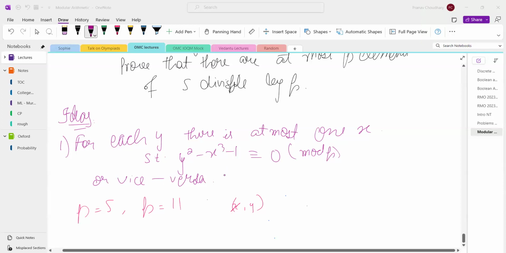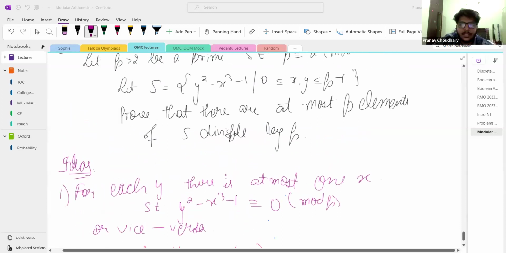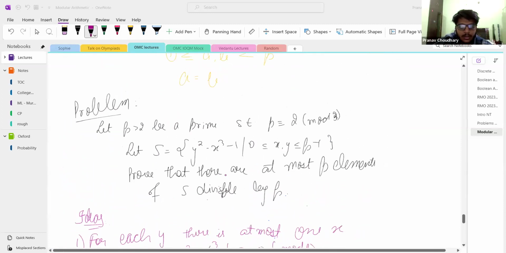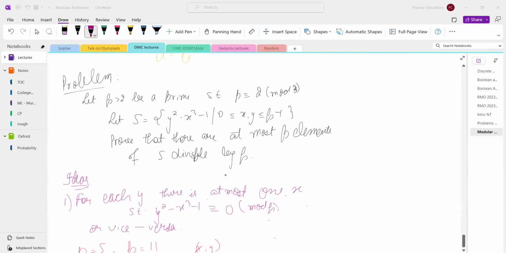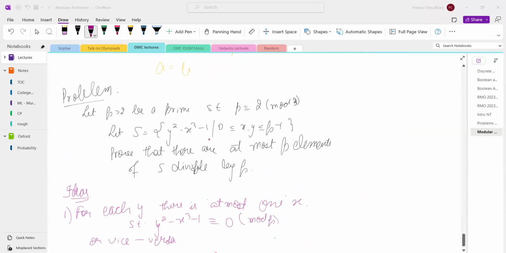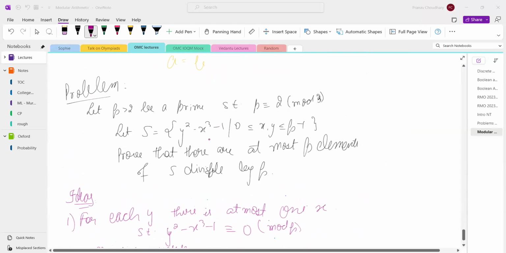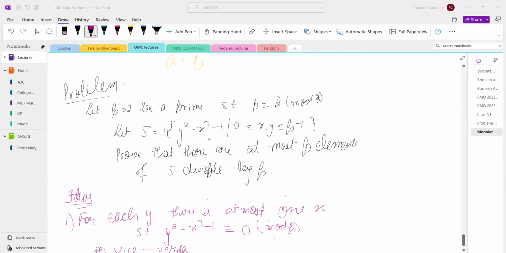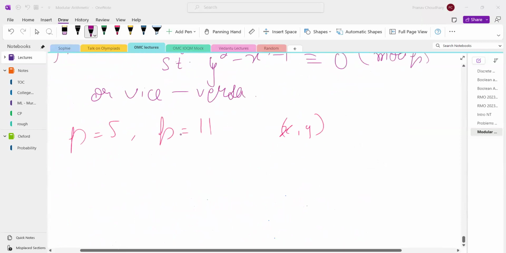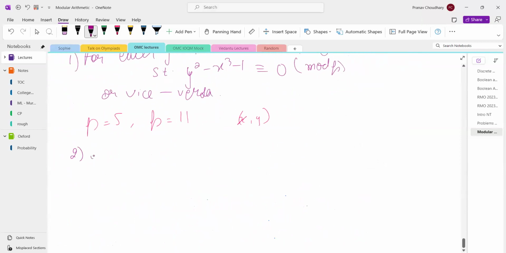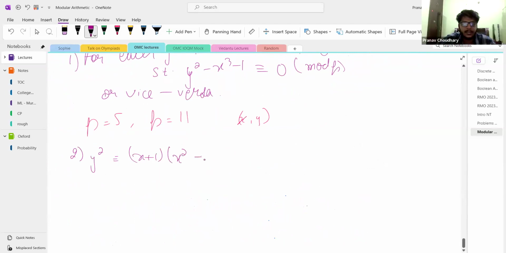Can you please shift to the question once? Yes, sure. I was saying that I have an idea, it is more of an algebraic sort of idea. Like you can write y squared congruent to x plus 1, just the identity. Then I think we can simplify the expression a bit by putting some coprime conditions.